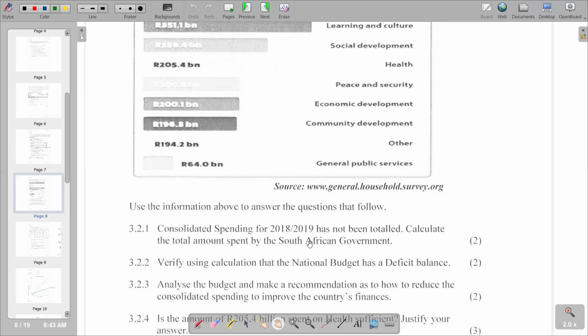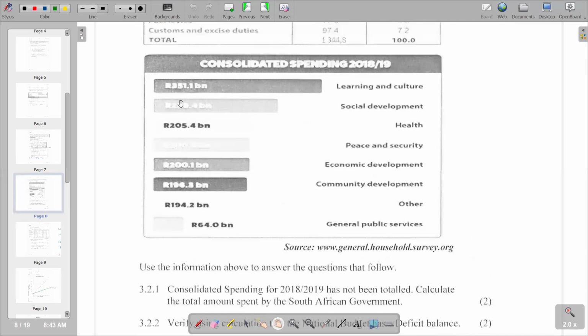So we are going to add the consolidated spending. We add this figure plus this figure plus this one plus this one. So we add all the figures. We start with the first figure that we are given here, which is 351.1 billion.